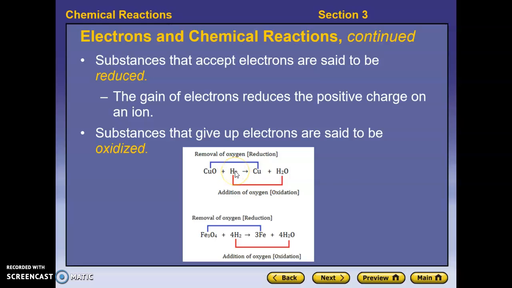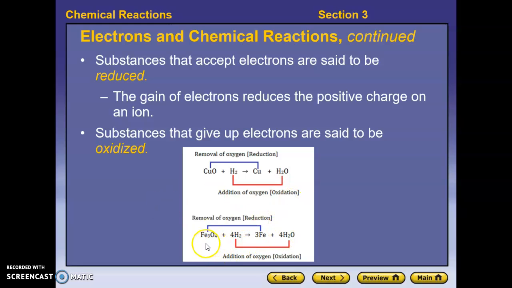So it has gone from neutral to positive with the addition of oxygen. So we would say that it has been oxidized. To become positive, though, is to lose electrons, and losing electrons, Leo, is oxidation.